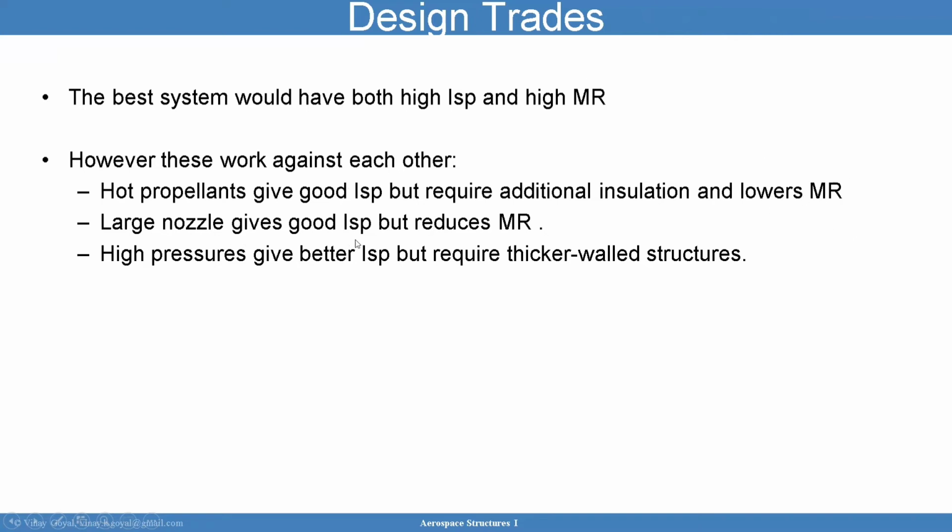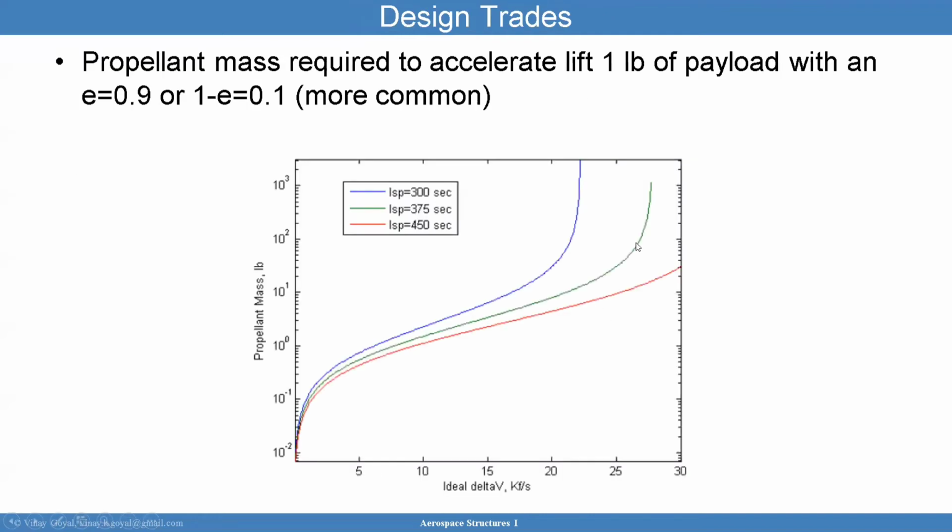A large nozzle gives you really good ISP, but also reduces the mass propellant ratio. High pressure gives you better ISP, but requires thicker wall structures. That is a problem. And so you're competing these factors together, which don't allow you to make as much progress as you would like.